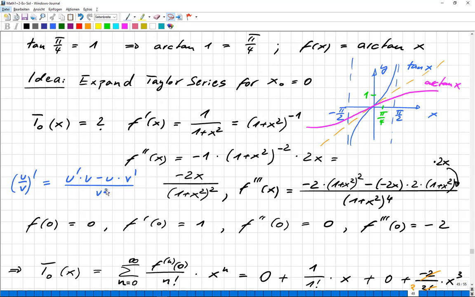And in the numerator, you get this cross derivative, you could say, with a minus in between. So I recommend to remember in alphabetical order, u is differentiated first, taken times v, and then minus vice versa, u times v prime. So that's it, yeah?